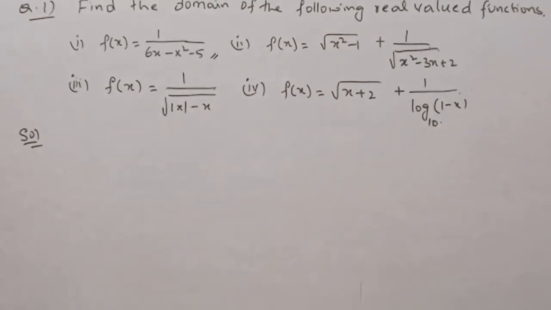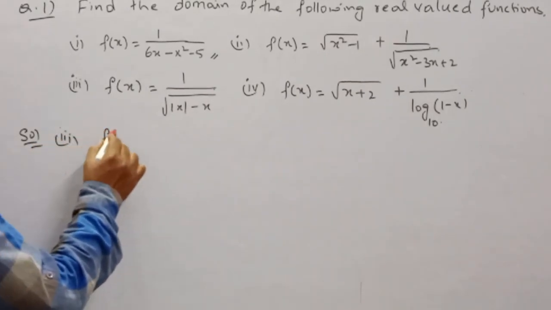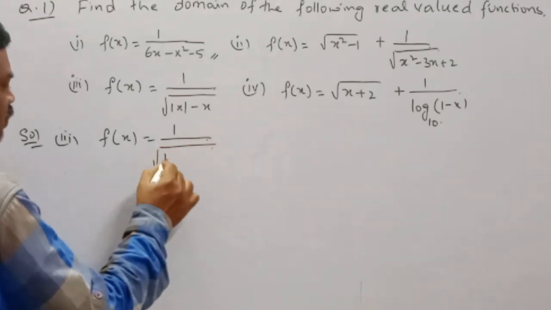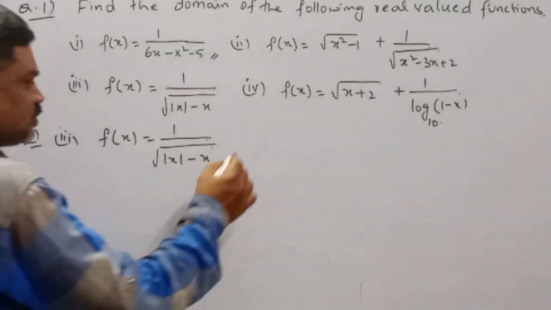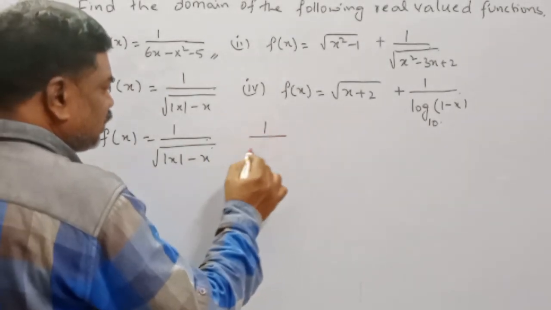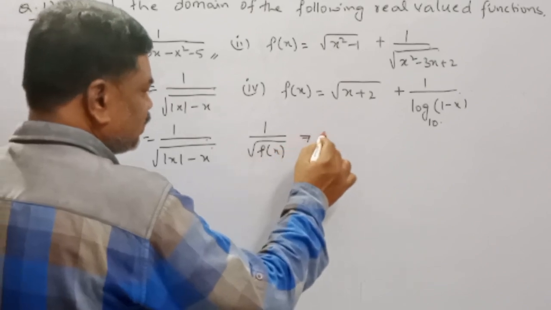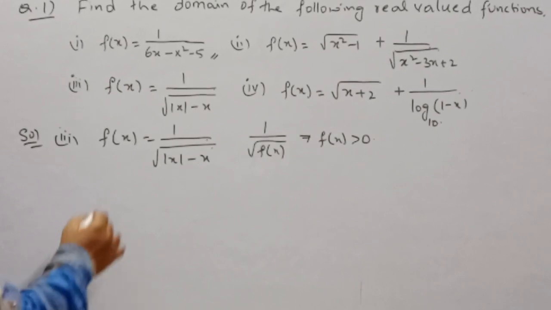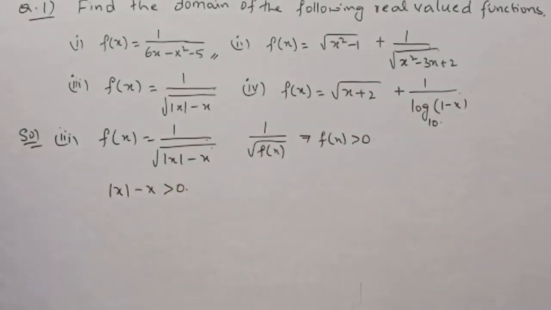Next, third one. Here third one is what? f of x is equal to 1 by root over mod x minus x. So here you see, 1 by root f of x function is there, so f of x greater than 0. So mod x minus x greater than 0.